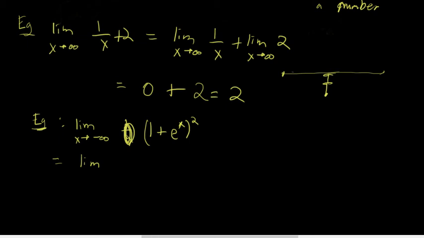Okay, so you remember that the limit as x tends to a number of something squared is the square of the limit as x tends to that number of that something. And infinity and negative infinity are not numbers, but the rules for limits as x tends to either infinity or negative infinity are just analogous to those for which x tends to a number. So that's this limit here. That's really the square of this limit here.